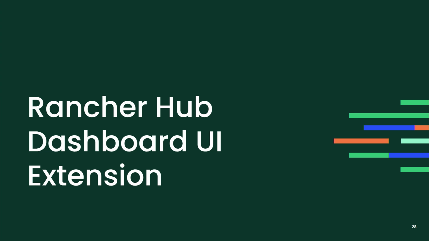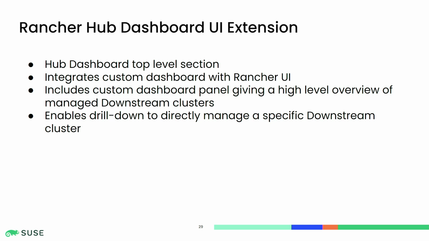All right, so now about the Rancher UI extension. It adds a new top-level navigation item to the Rancher UI, and this exposes a dedicated page which shows this custom dashboard within the Rancher UI.